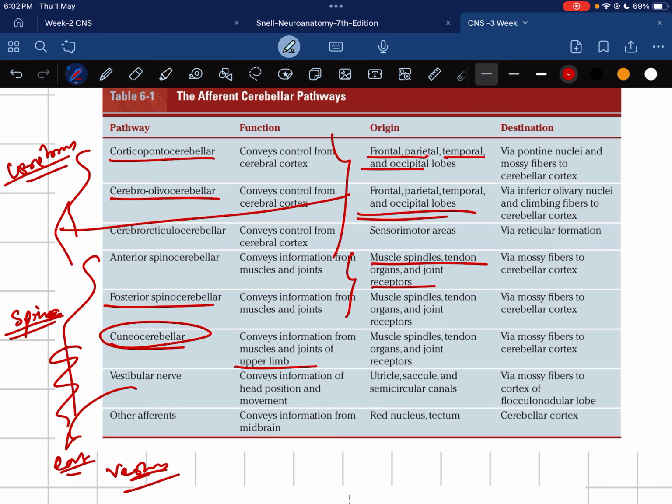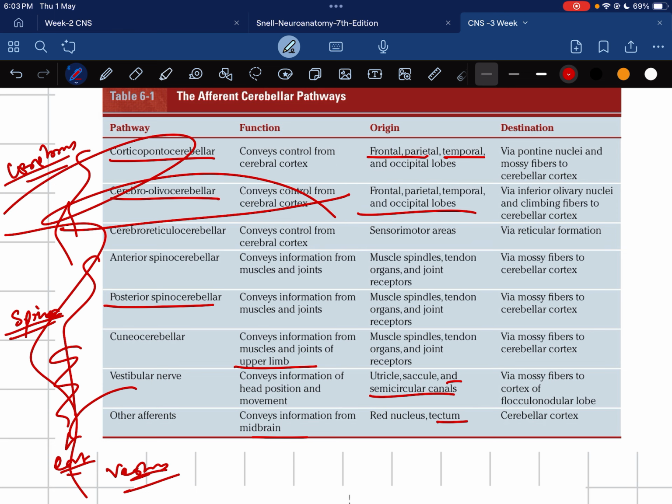And regarding the lower limb, it is the gracilis, so there is no gracilis nucleus connection to the cuneocerebellar information. And regarding the vestibular, the utricle, saccule and semicircular canals give information to the vestibular nuclei, and the vestibular nuclei then give to our cerebellum. And there is also the red nucleus and tectum that convey information from the midbrain. And the destination we have discussed in the image.